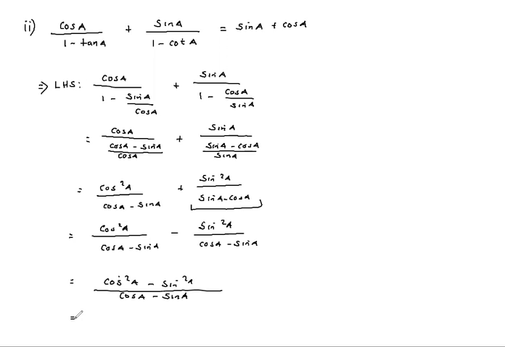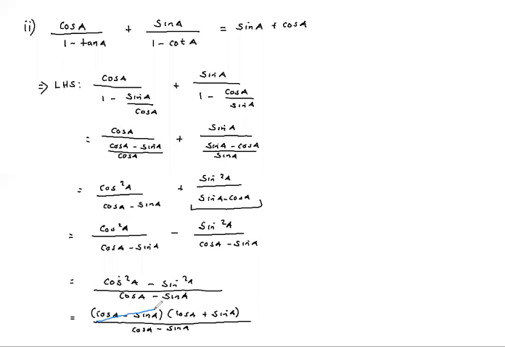The top one there is the difference of two squares, so it is cos A minus sine A, and then cos A plus sine A over cos A minus sine A. So something is cancelling here.